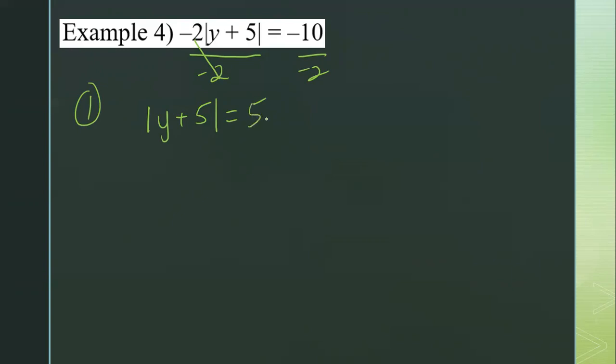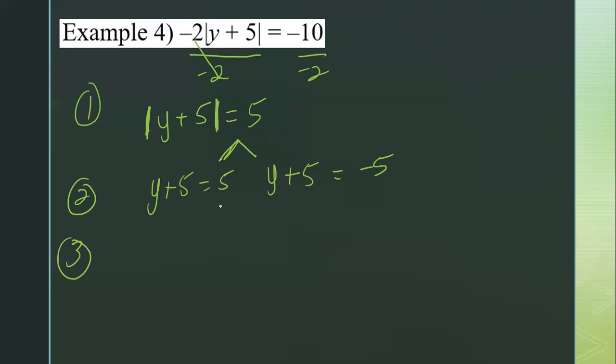Positive 5. Perfect. A negative divided by negative is a positive. Now, am I good to go? Yes, my absolute value is by itself, and my solution is on the other side. So now this is going to split into 2 problems, right? I have y plus 5 equals positive 5, and y plus 5 equals negative 5.